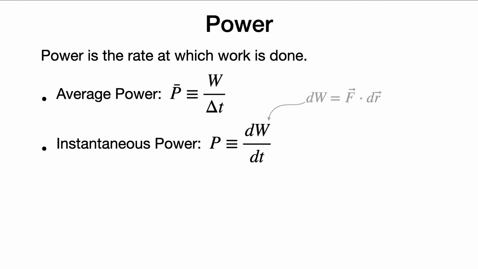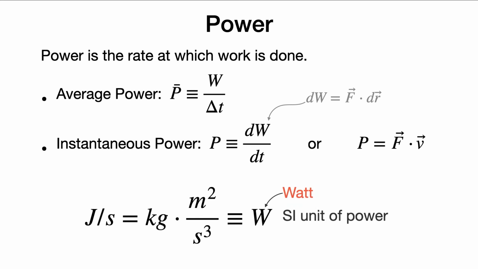Now, since an infinitesimal amount of work is equal to the force dotted with the direction of an infinitesimal displacement, we can replace this and see that we can also write power as the dot product of force with velocity. This turns out to be a very useful way of computing the power expended by some object.